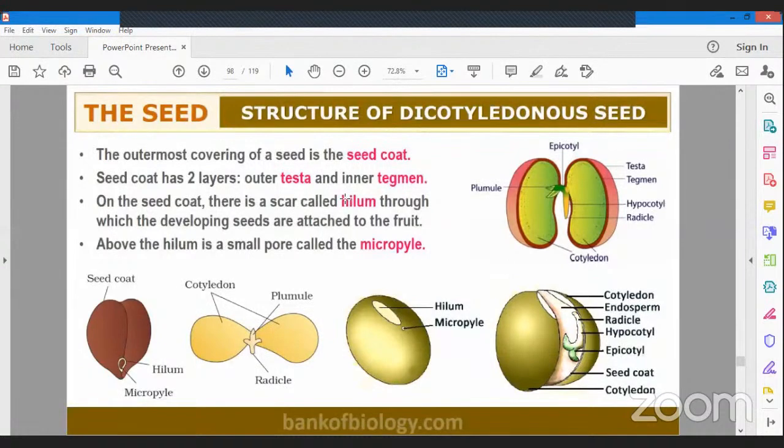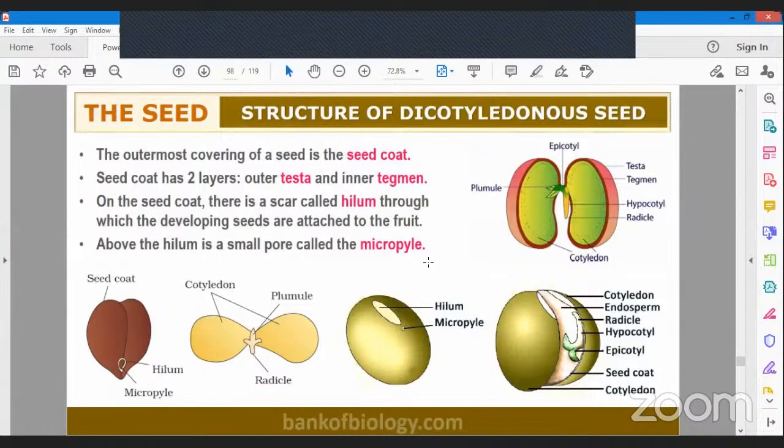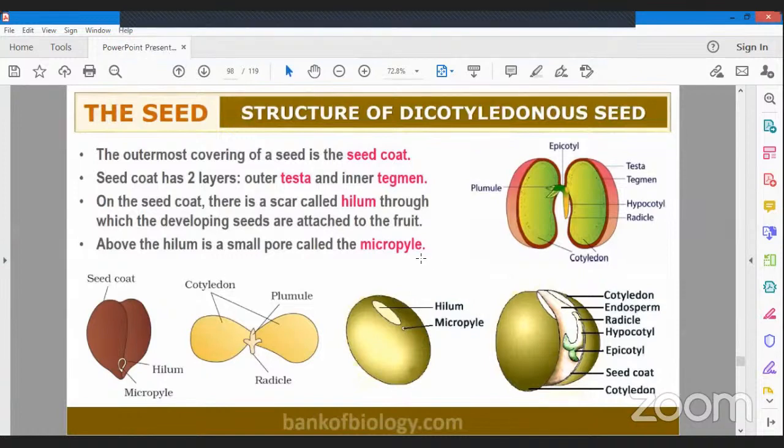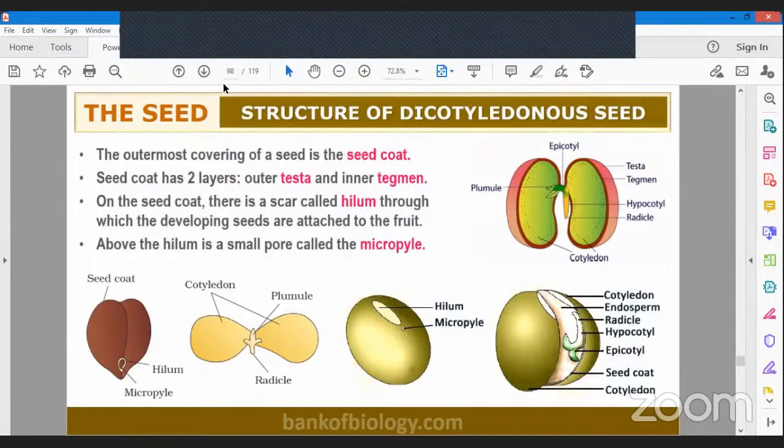On the seed coat, there is a scar called hilum through which the developing seeds are attached to the fruit. Above the hilum, there is a small pore called the micropyle. You would have studied micropyle when you studied ovule. That micropyle is through which water enters. So take it down. These are the parts of the seed. Take it down, students.